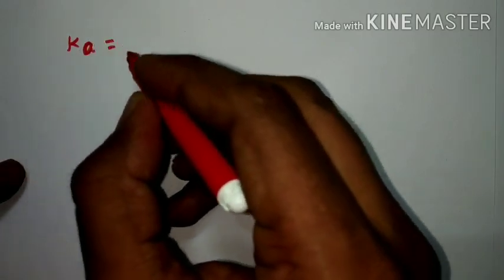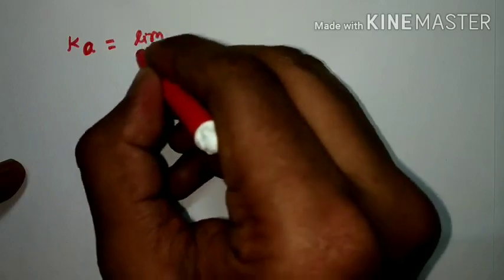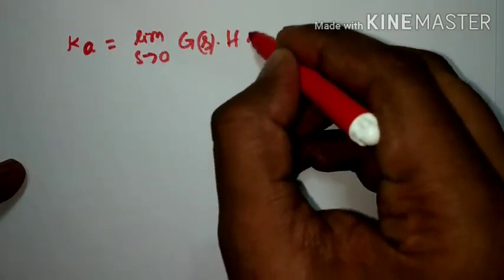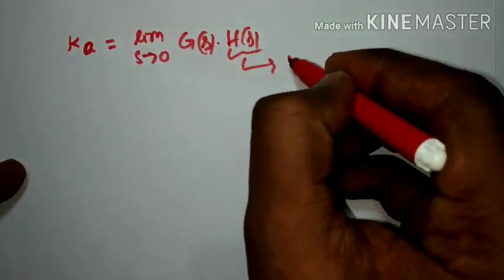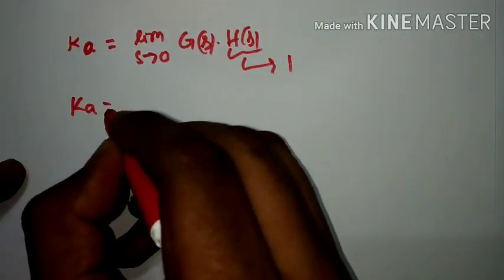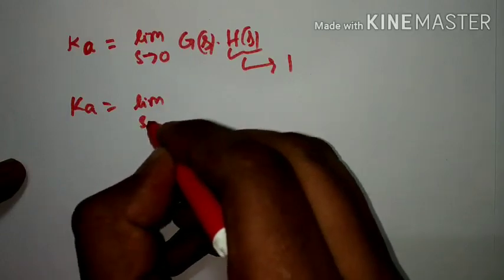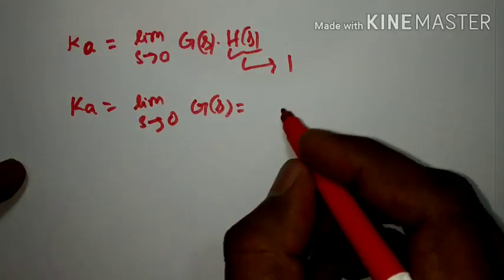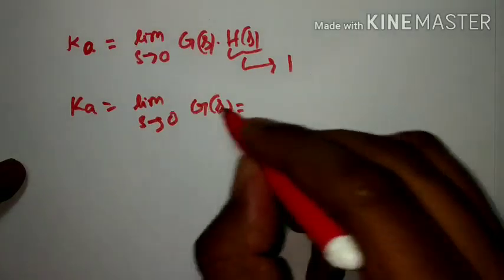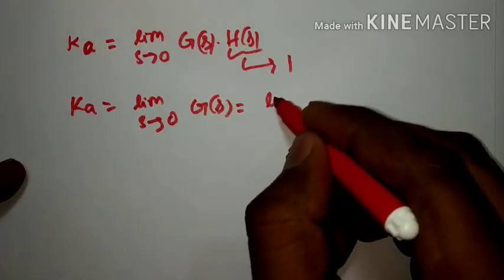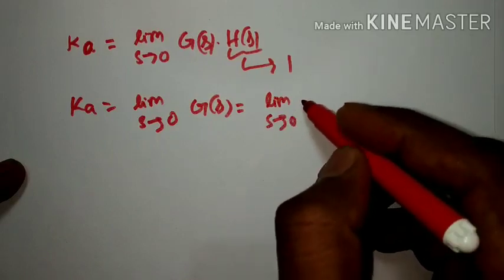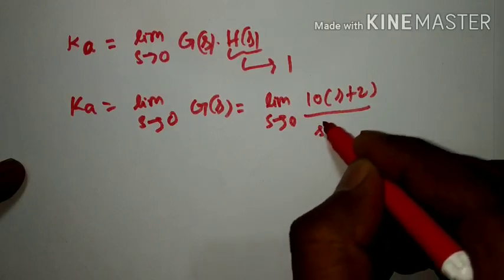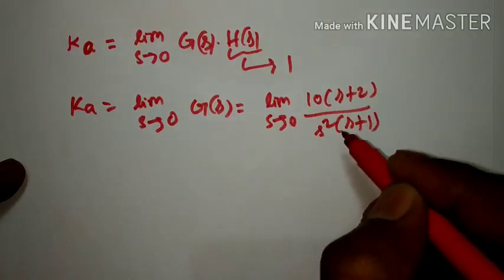Kp is equal to limit s tends to 0 of g of s into h of s. I have told you this is a unity feedback, so h of s becomes 1. So Kp is equal to limit s tends to 0 of g of s, which is 10 into (s plus 2) by s square (s plus 1).